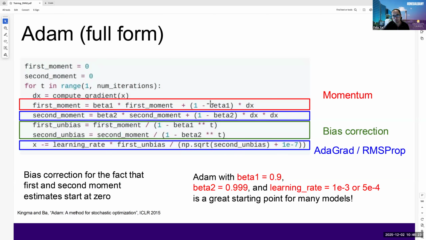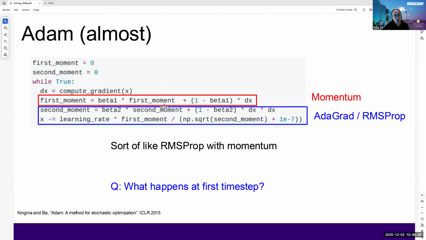Then you add some bias corrections, because the first and second momentum estimates start at zero.